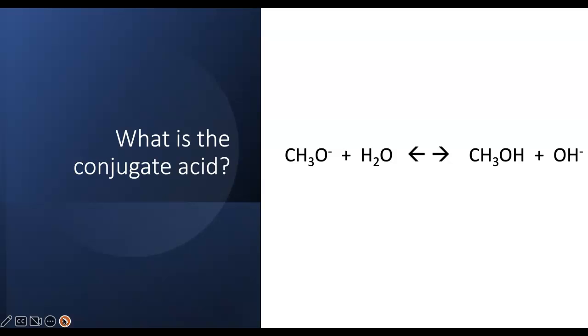So that's what allows me to figure out that CH3O minus is our base, H2O is our acid, and our conjugates are on the other side. What's left of that base is our conjugate acid. Notice that that conjugate acid, CH3OH, can also donate a hydrogen ion.